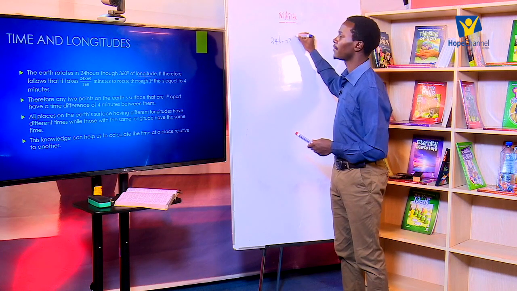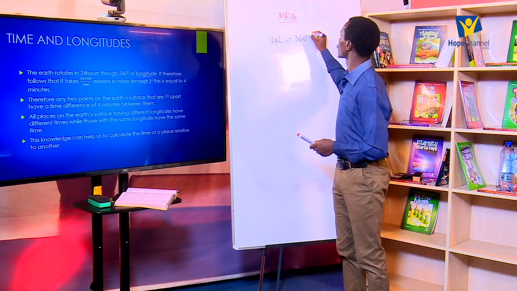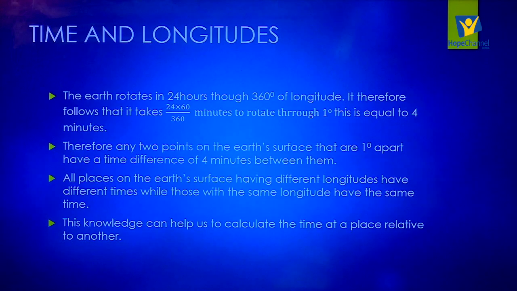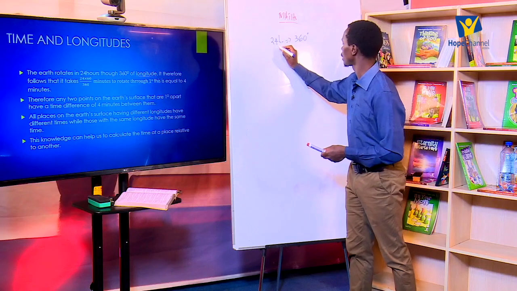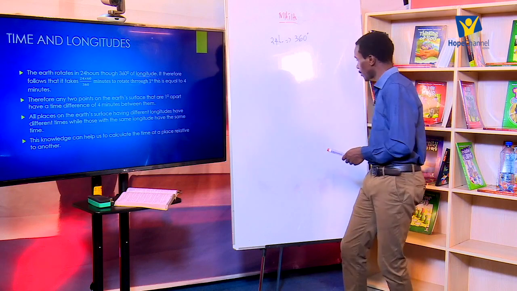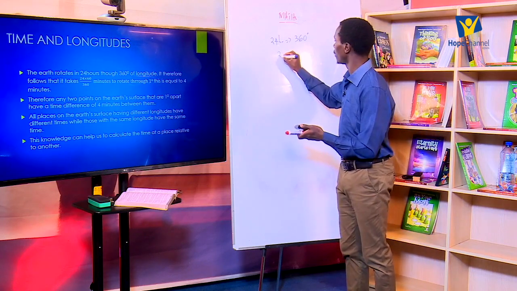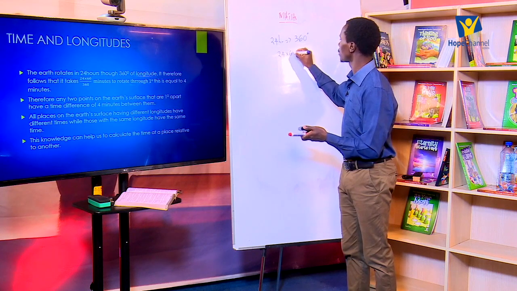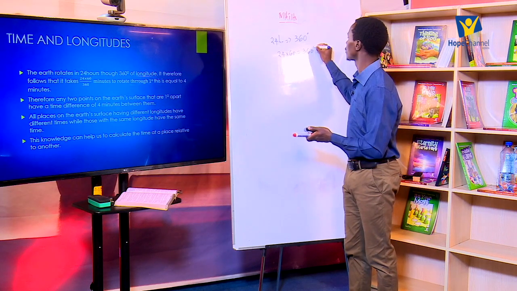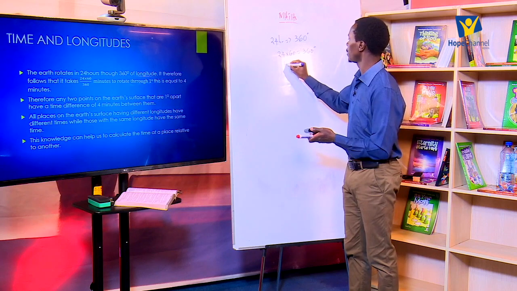Now, if we do that conversion, in 24 hours it covers 360 degrees, then how long does it take to rotate through 1 degree? So we convert this one to minutes. That will be 24 times 60. So 24 hours times 60 is equal to 360 degrees, or about 1 minute.